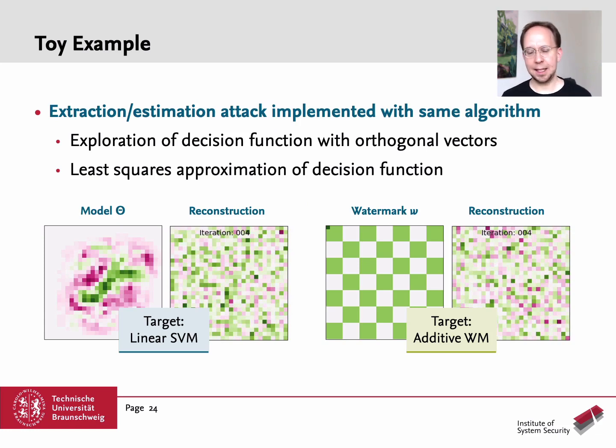Again, it's a very simple example, but it's the same algorithm for extracting a watermark and extracting a learning model. So first, let's look at the case of the learning model. Here we can see a true learning model in a linear version. This is the linear support vector machine. If you know what a support vector machine is, it is a hyperplane separating two classes. In the linear case, this hyperplane can be described by one vector, which sits on the hyperplane as an orthogonal vector.